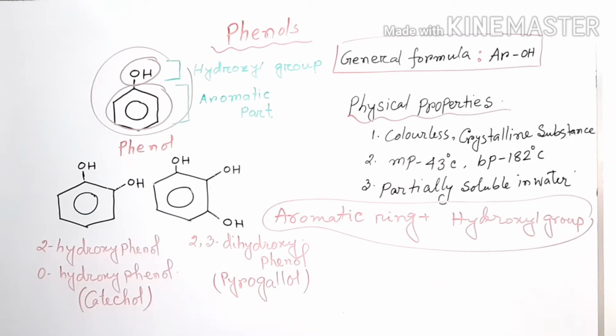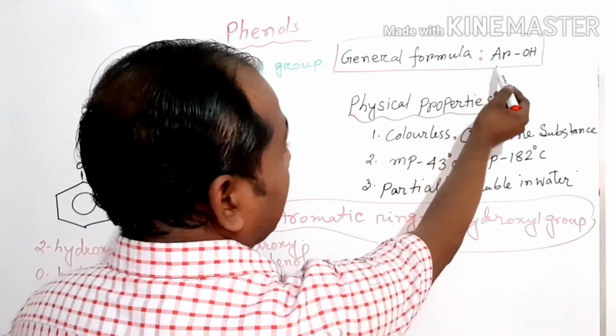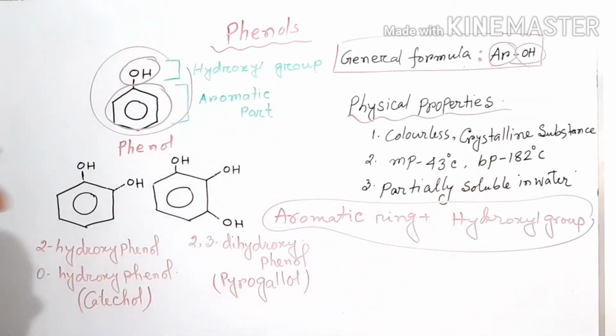The name of that compound is phenol. General formula of phenol is Ar-OH. This one is aromatic part, OH.